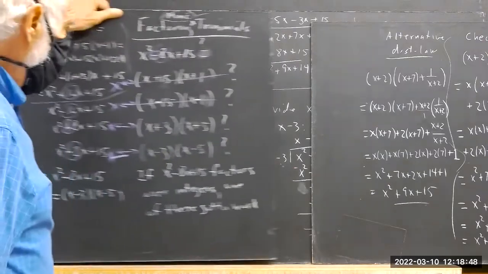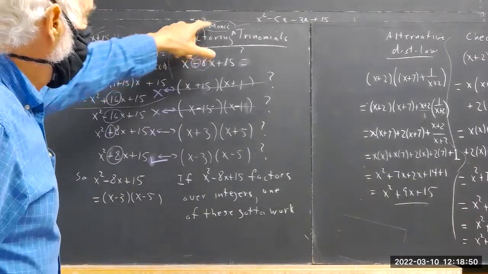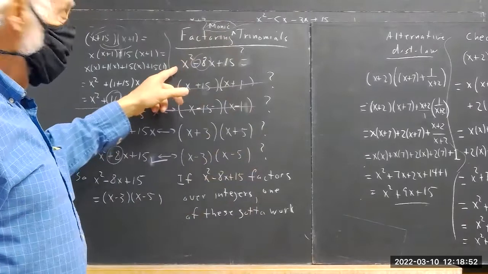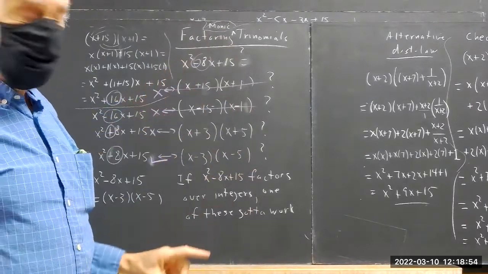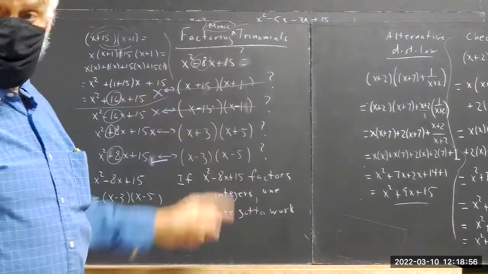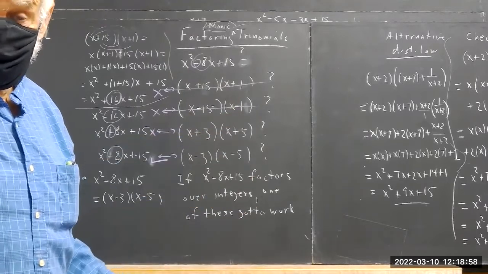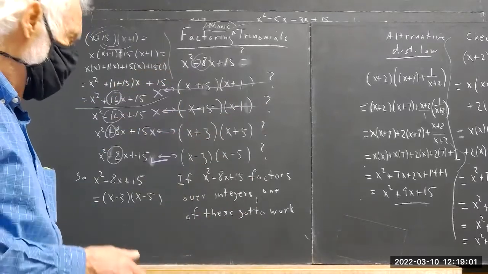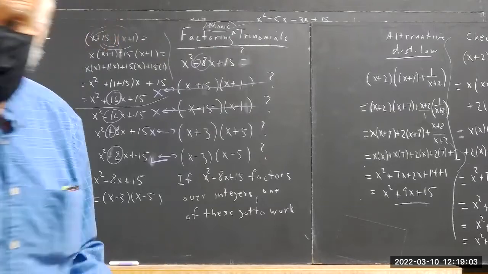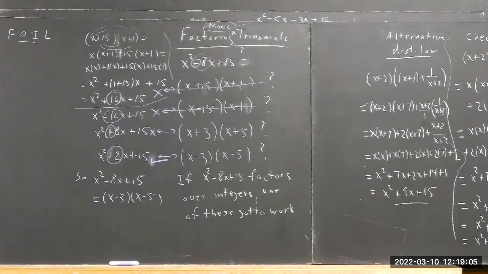But it comes down to something pretty simple when you have a monic trinomial. Monic means you just have a 1 in front of your x squared, so you don't have to worry about other numbers in front of the x squared. Well, that's going to be an important skill in your pre-calculus class. It's going to help you understand.